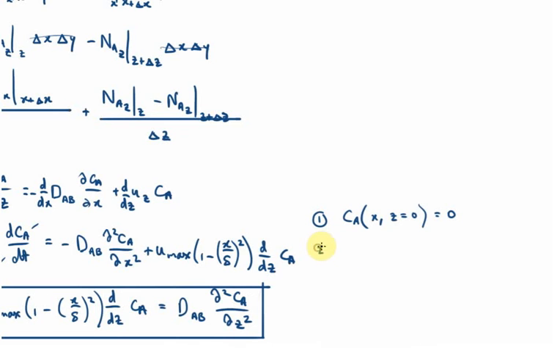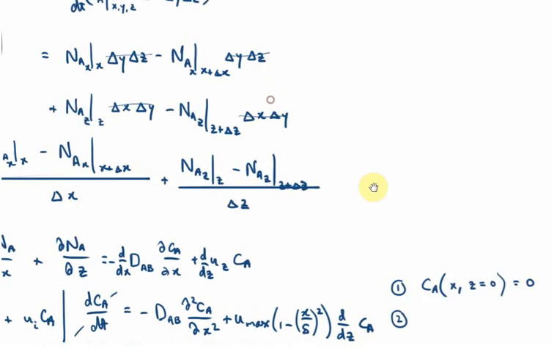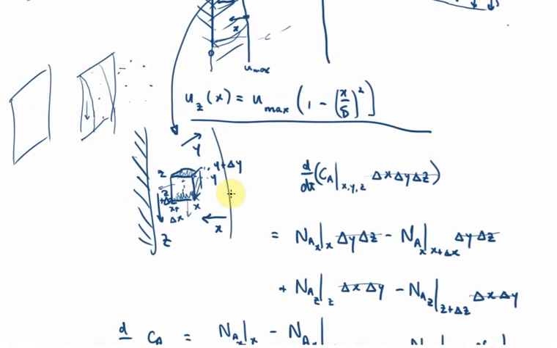Then for the second one, we can think about what's happening out here on the film side. On the surface of the film, you have the gas out here, and then you have the liquid in here. So there will exist some surface concentration of component A in this film, and that surface concentration may be determined in a couple of different ways.